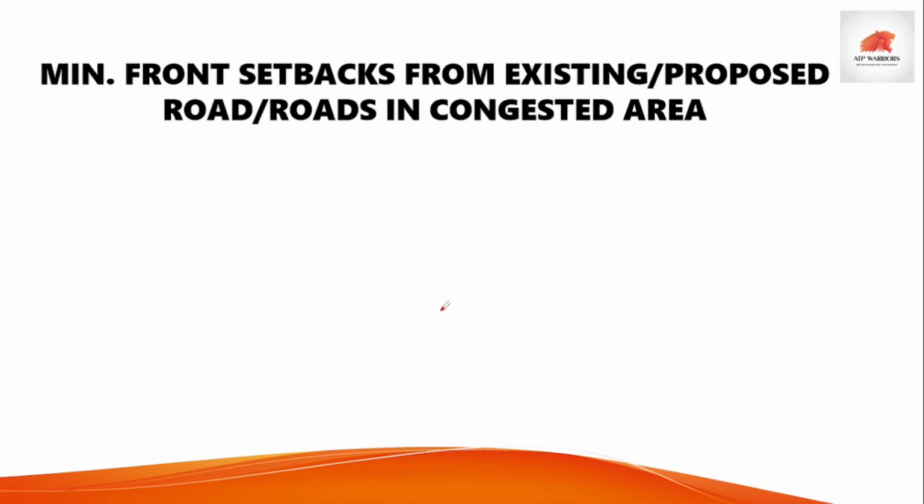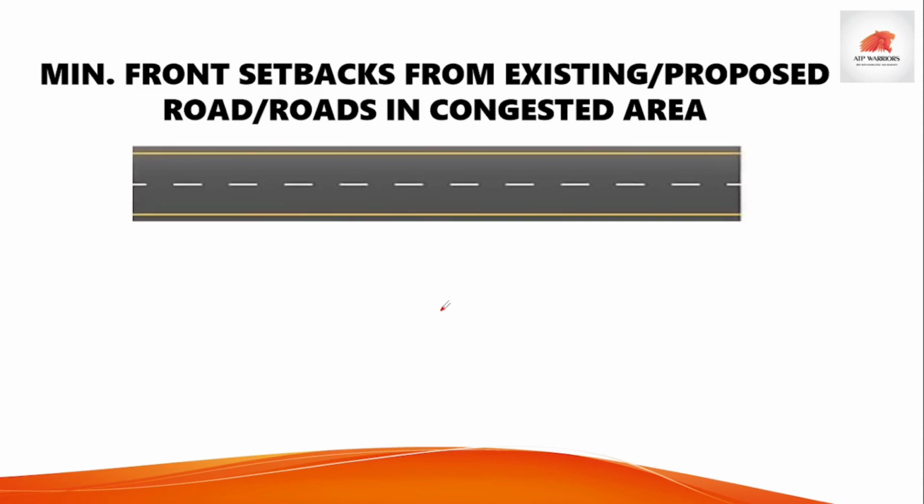We have seen all this part. Now we are going to see how much marginal distance you need to keep from the entire plot according to road width, and on which you can avail these FSIs.